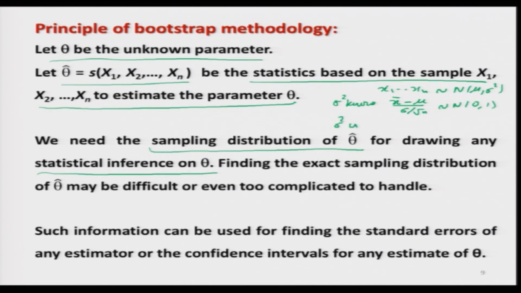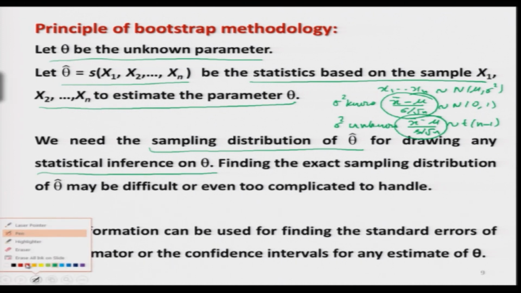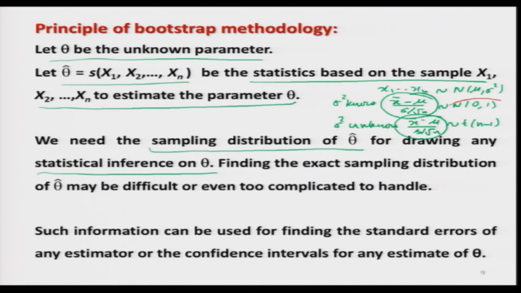If sigma square is unknown, then (x bar minus mu) divided by s by root n, where s by root n is the estimated standard error, follows a t distribution with n minus 1 degrees of freedom. So these are my two statistics, and these are the exact distributions, normal or t, under two different conditions.